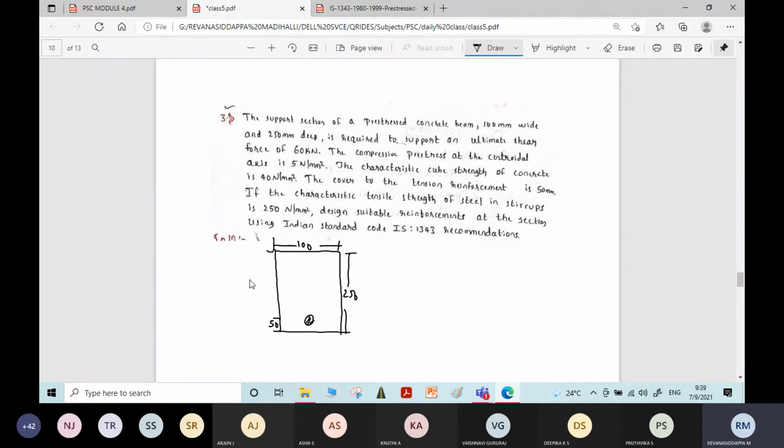Therefore, dt becomes how much? 200 mm. Okay. dt becomes 200 mm.